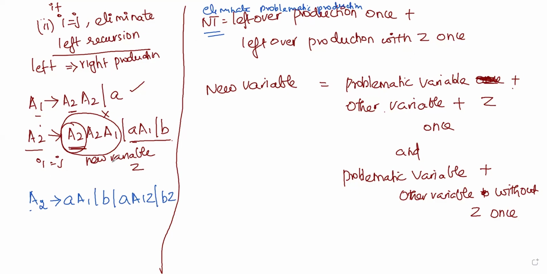Now by eliminating the entire problematic production, since I have introduced a new non-terminal Z, I have to give the production for Z also. So how will I create the production for the new non-terminal Z? What is the problematic variable? A2 is given, and other variables.